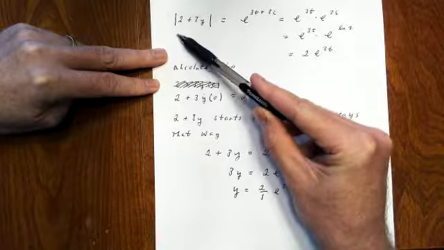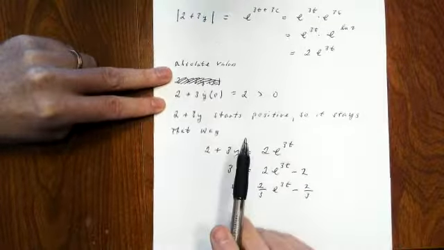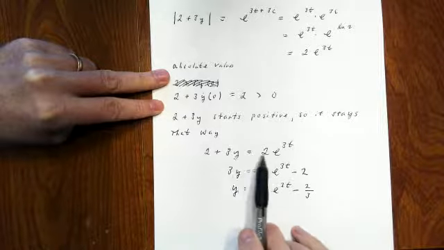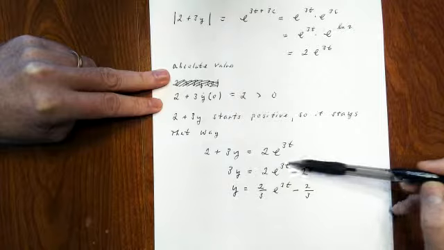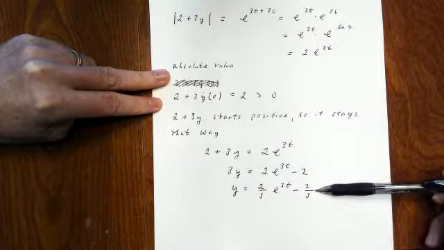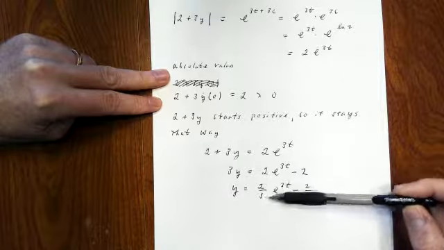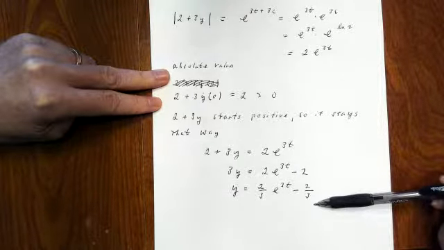That means I can drop the absolute values. So I have 2 plus 3y equals 2e to the 3t. If I subtract 2 from each side and then divide by 3, I get my final solution. y equals 2/3 e to the 3t minus 2/3.